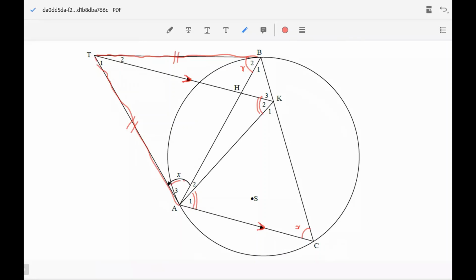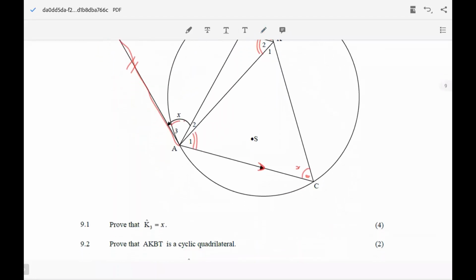And also angle K3 would equal angle C, corresponding angles. So what else? We are looking for the easy to identify properties here. Okay, so we shall discover others as we move on.